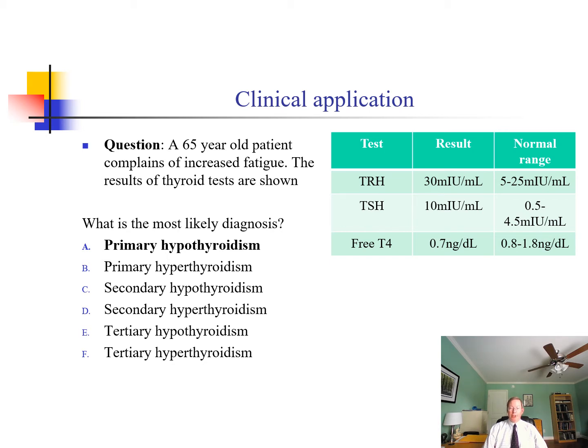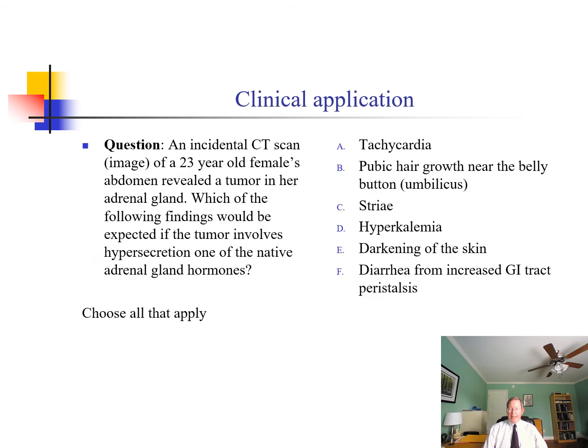All right, very good. Let's do another one that's even harder. An incidental CT scan, an image using x-rays, of a 23-year-old female's abdomen reveals a tumor in her adrenal gland. Which of the following findings would be expected if the tumor involves hypersecretion of one of the native adrenal gland hormones?